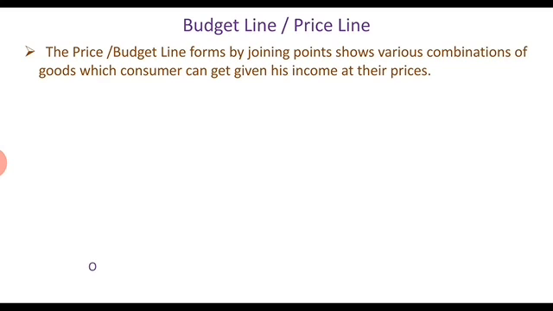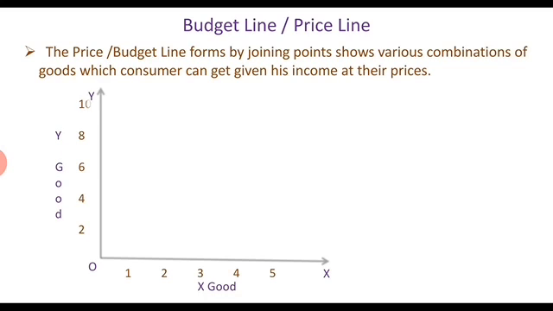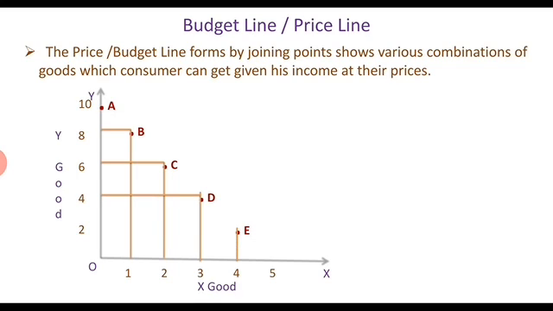Price line or budget line. X good is shown on the X axis, Y good is shown on the Y axis. The combinations A, B, C, D, E and F can be obtained by the consumer.